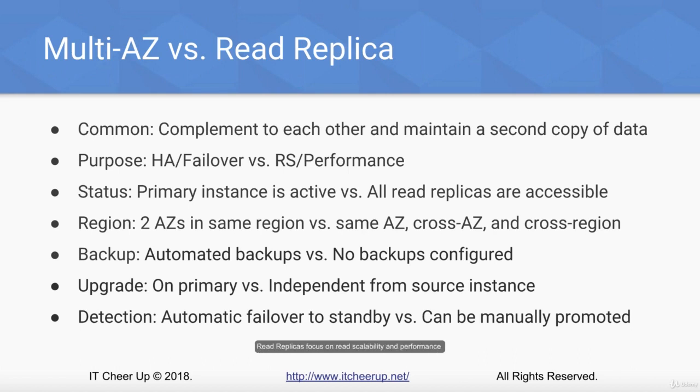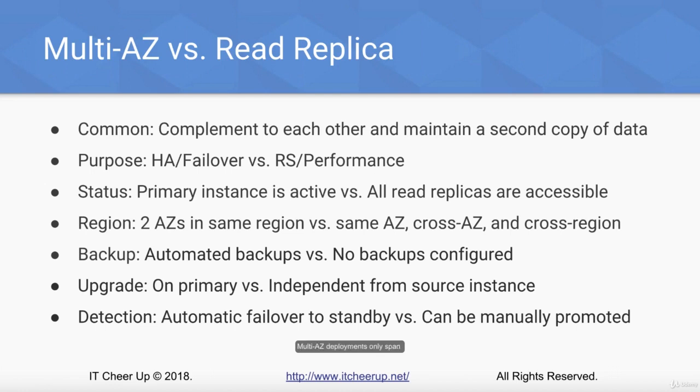Read replicas focus on read scalability and performance with asynchronous replication. When you use multi-AZ deployments, only the database engine on the primary instance is active. But with read replicas, all read replicas are accessible and can be used for read scaling.